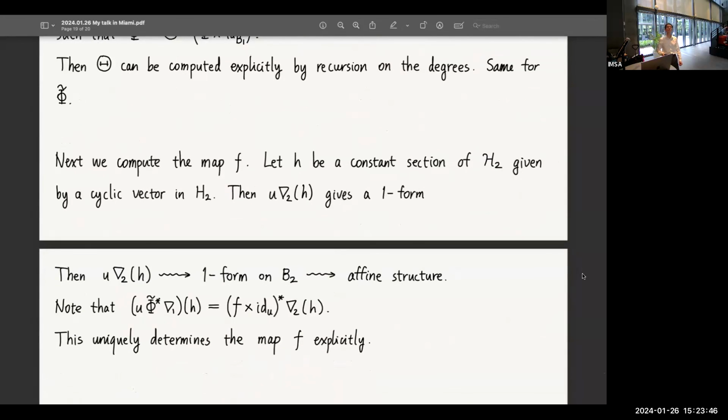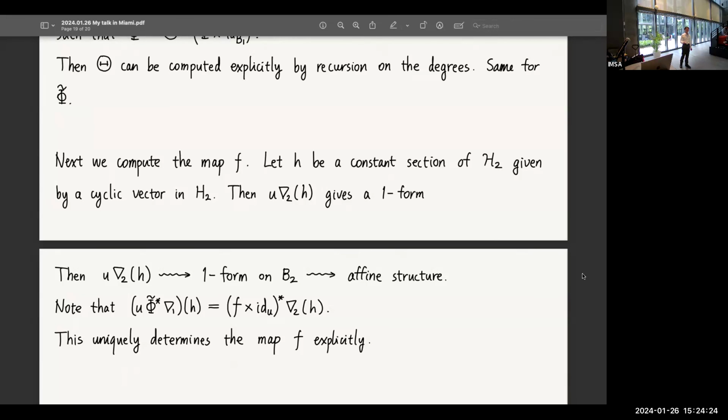So finally, in order to compute this map F, we let H be a constant section of curly H2 given by a cyclic vector in H2, in this trivialization. And then when we consider this connection nabla on H, we obtain a one form on B2, and this one form gives an affine structure on the base of this F bundle.